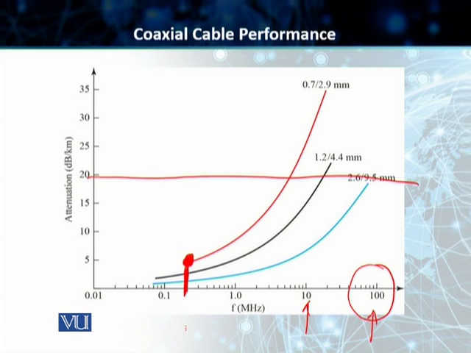But going from this level to approximately 10 megahertz, as you go up in the frequency of the carried electrical signal, our attenuation increases rapidly as well. So our result is that coaxial cable is better in performance at higher frequencies than twisted pair, but you have to have a balance between the frequencies that you are carrying and the attenuation that you are experiencing.